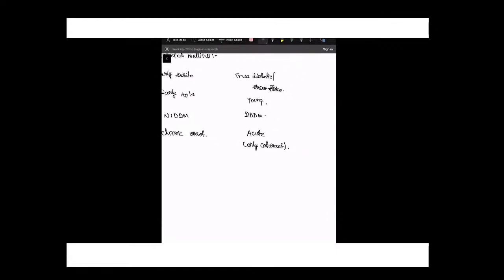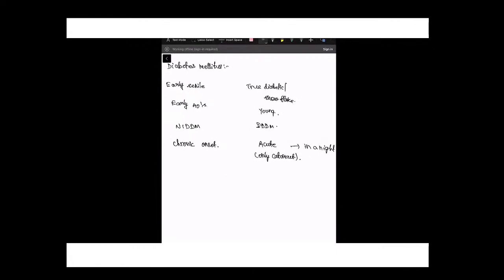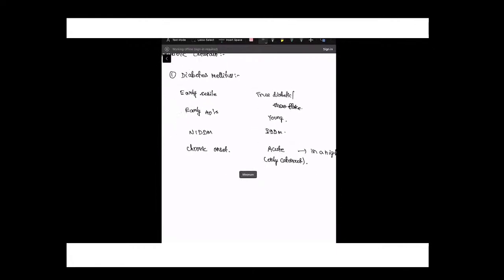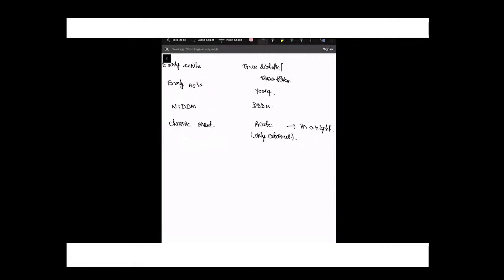Even it can happen in a night. A person can sleep with a normal vision and wake up the next morning with a cataract, with a loss of vision or clouding of vision. So that fast the diabetic cataract can develop. So diabetic cataract is also called an overnight cataract.